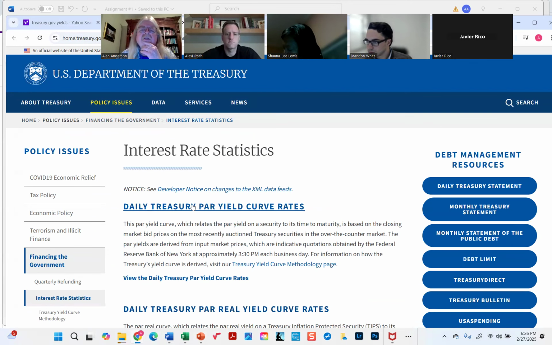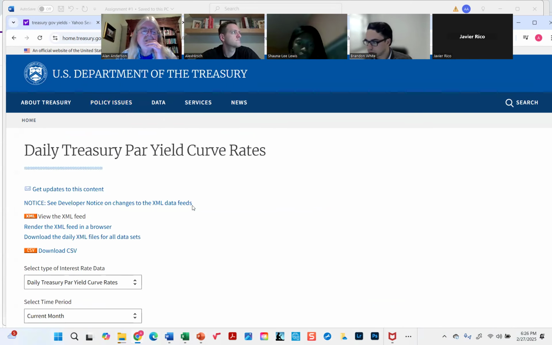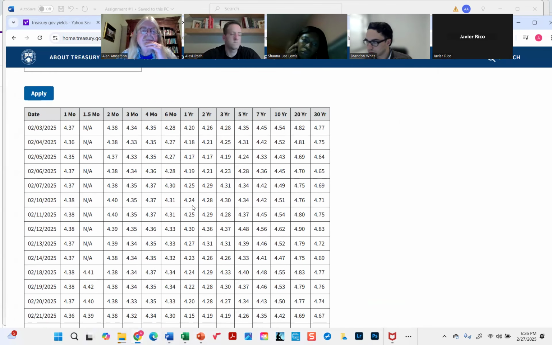Under the daily treasury par yield curve rates, you'll see that across the top are the maturities of all the different treasury securities that we can buy. They range from 1 month up to 30 years. The ones that last up to 1 year are called treasury bills. The ones that range from 2 to 10 years are called treasury notes. And the 20 years and up are called treasury bonds. But they're often all referred to simply as treasury securities or just treasuries.